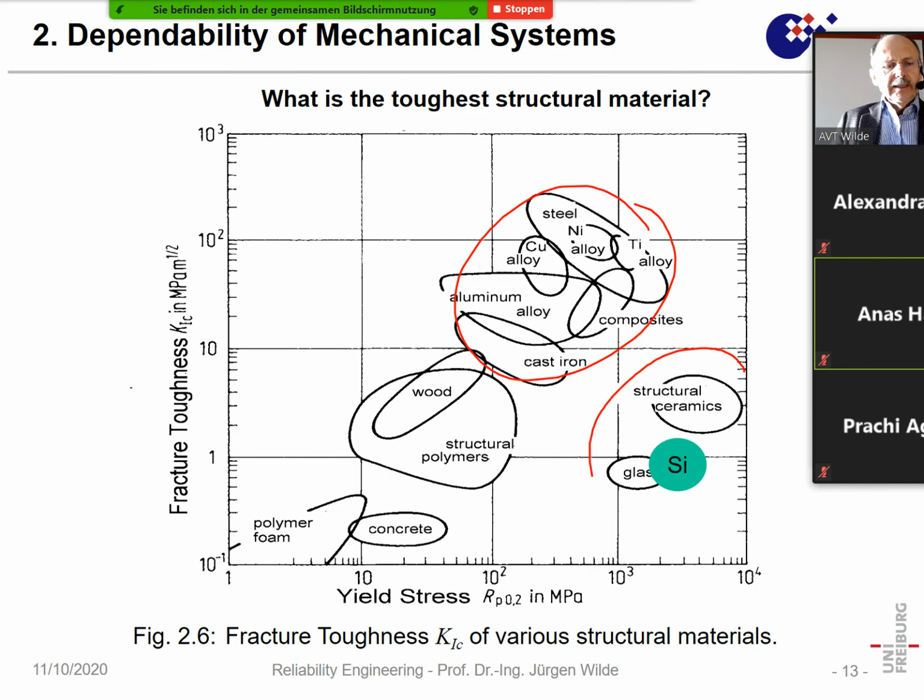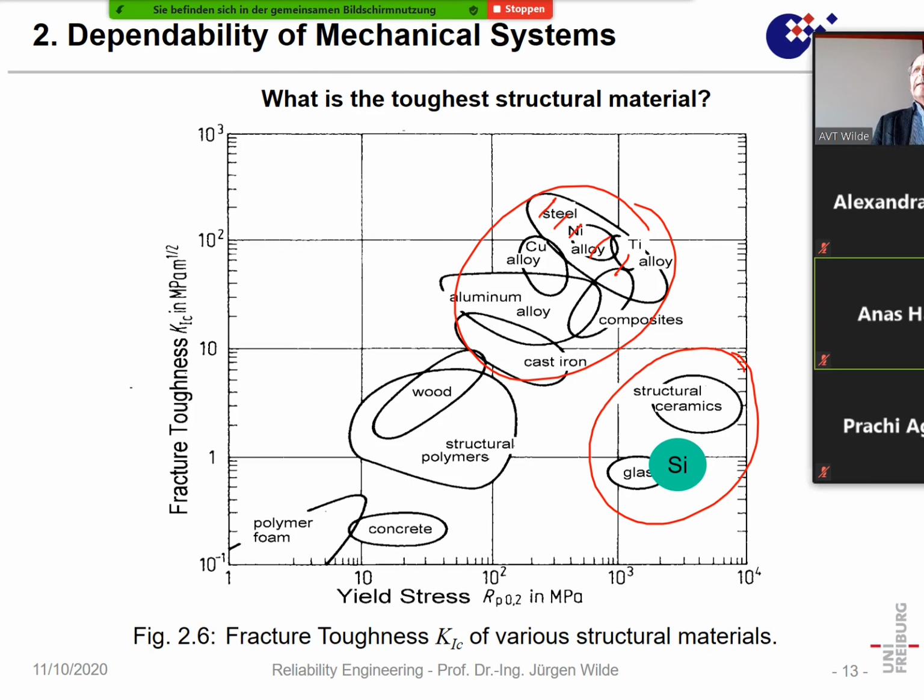But these materials are all high strength, but they have a low fracture toughness. What does it mean? So they are strong, but the energy you need to destroy them is very low. How can you explain this? If you have a normal constructional steel, which is somewhere from here, from that range, you could say, if you deform this, the deformation will be all over the part where the stress is above the yield strength.